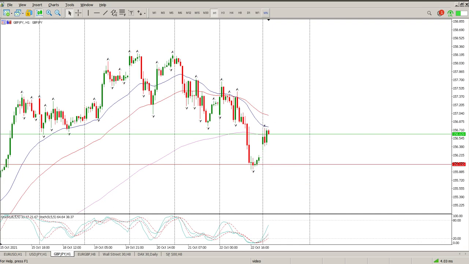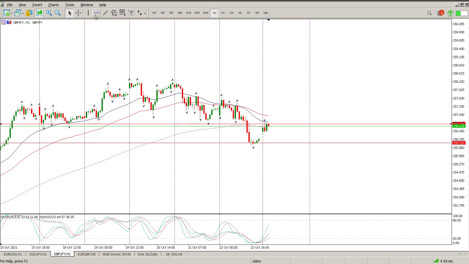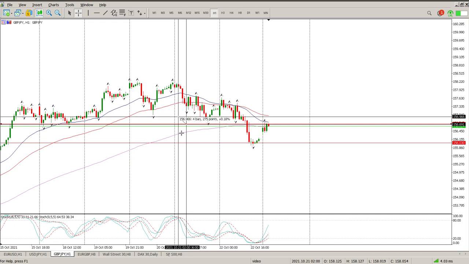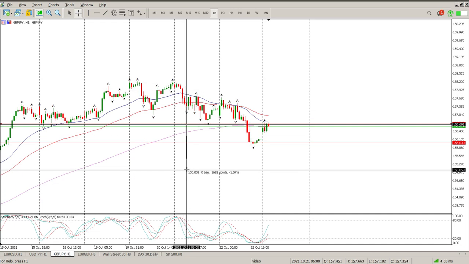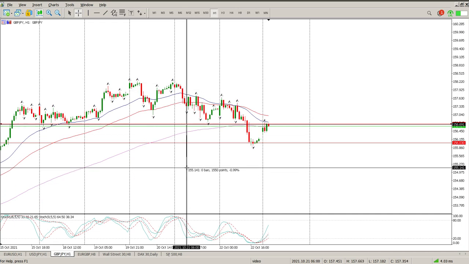We are below all the moving averages at the moment, so possibly a rejection of this area here, which is a head and shoulders neckline, which is roughly where we are now. There's 156.709. First a gap close, and then possibly something in the line of 155.100 area.